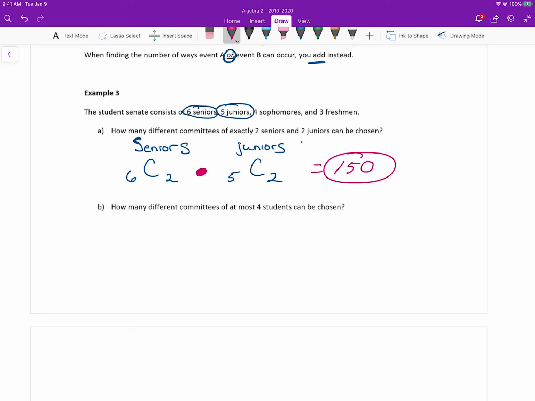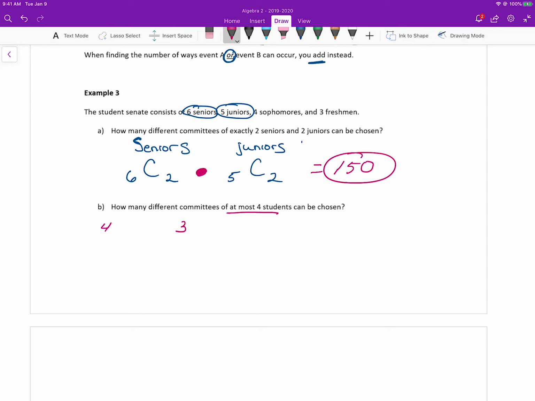And now our last problem is at most 4 students. And think about what at most 4 students would mean. And try this one too. Because if we can have a committee with 4 students, that's one possibility. But if we can have at most 4 students, we could have a committee with 3 students.